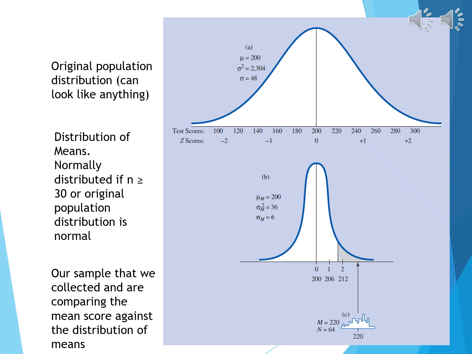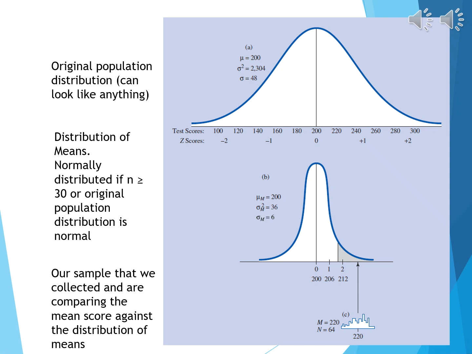So real quickly, again, there are 3 different distributions that we're talking about right now in a 1 sample z-test. There's the original population that our sample comes from. If we're talking about our class and we're looking at the class's GPA versus the overall GPA of all CU students, the population is all CU students, and then our little sample would come from that population.